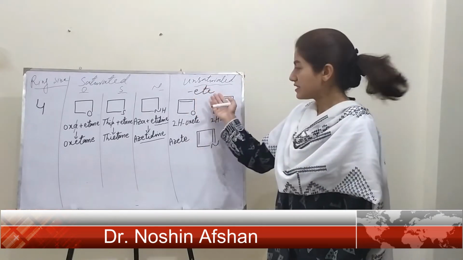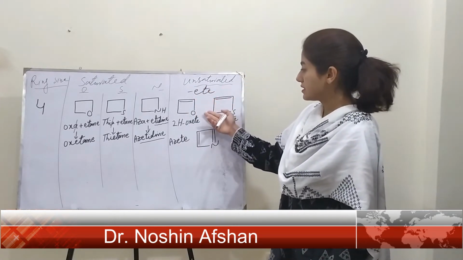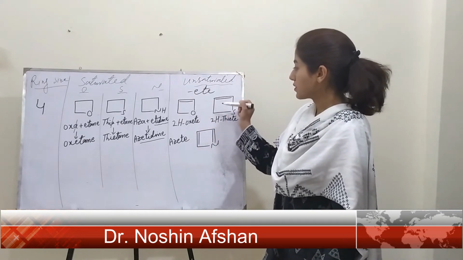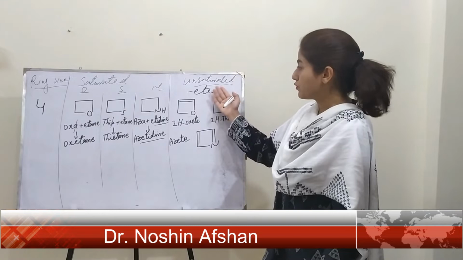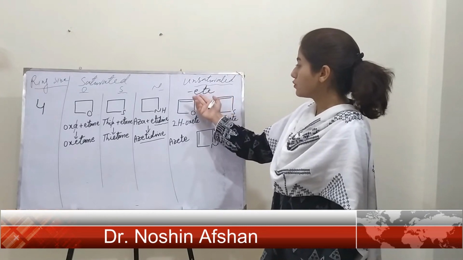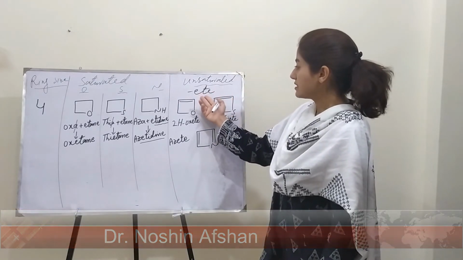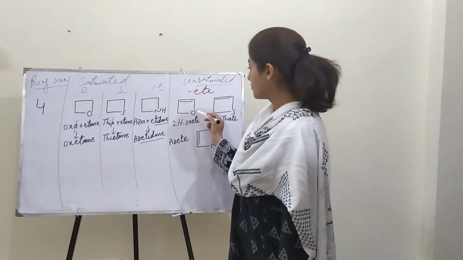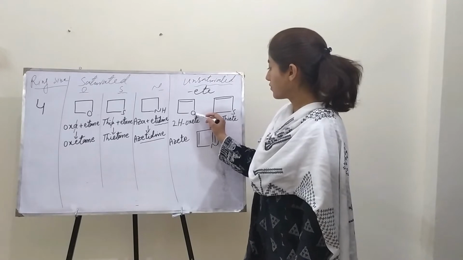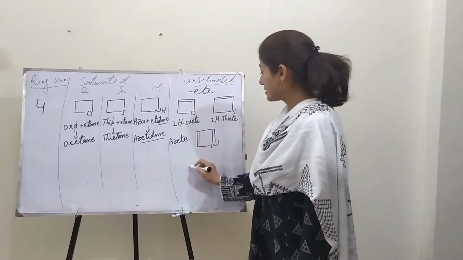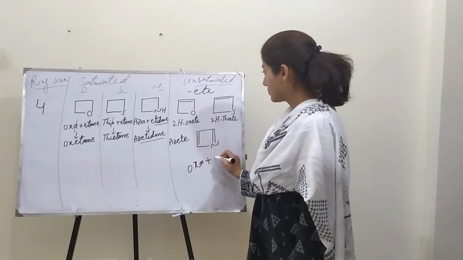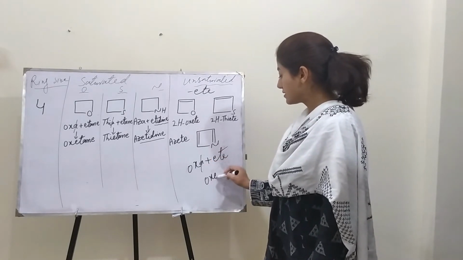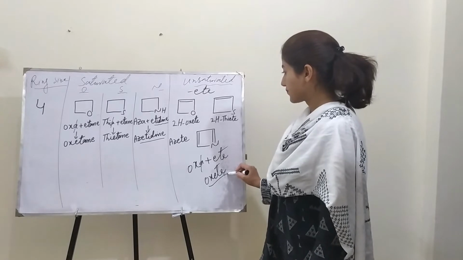Similarly, in the case of unsaturated four-membered ring, when it contains oxygen, the unsaturated four-membered ring would end as ete, and as a prefix we use oxa for oxygen, that is oxa plus ete. Here the A would be omitted and its final name would be oxete.